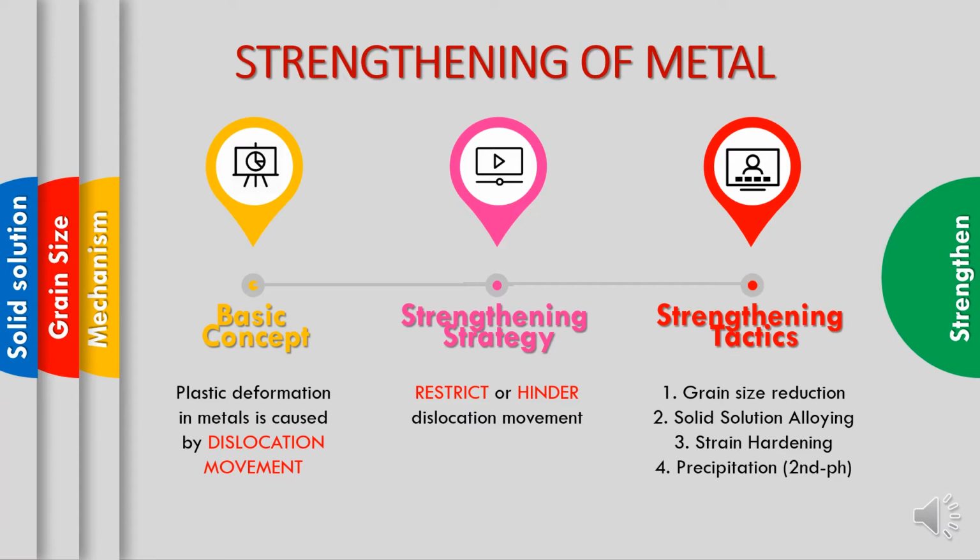And finally, for the strengthening techniques, there are four items that can be done. The first one is grain size reduction. The second one is solid solution alloying or solid solution hardening. The third one is strain hardening, and the final one is precipitation hardening.